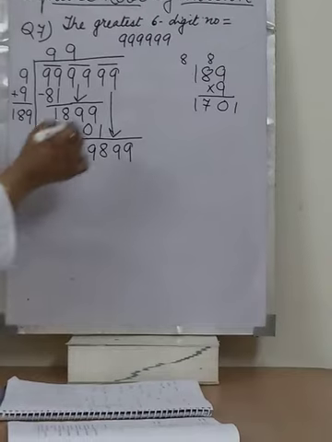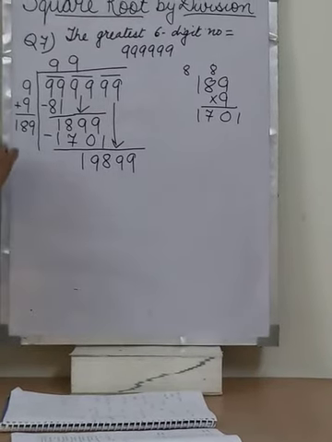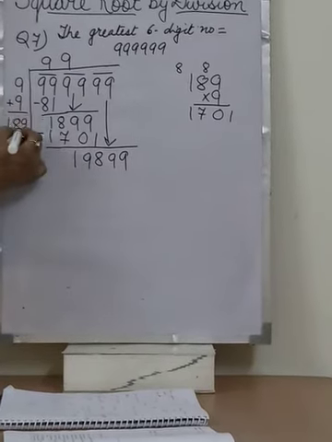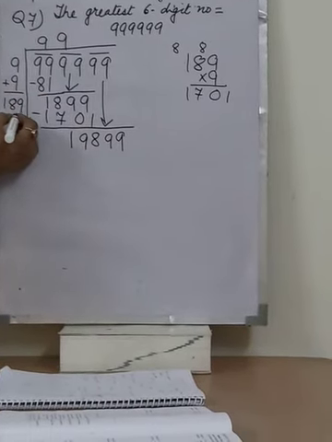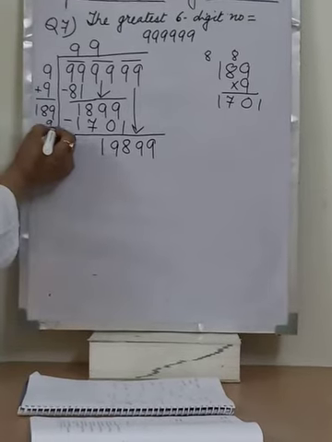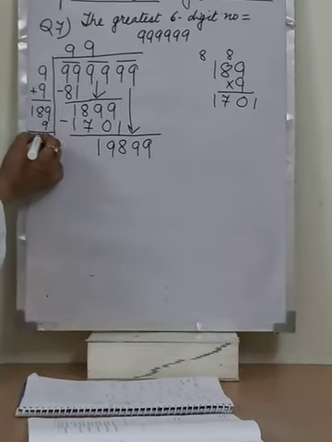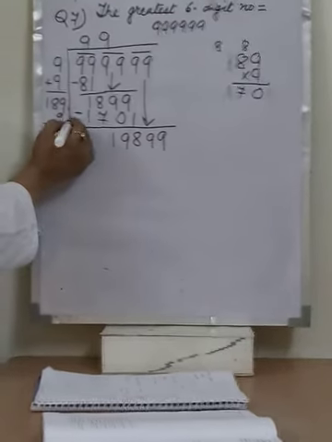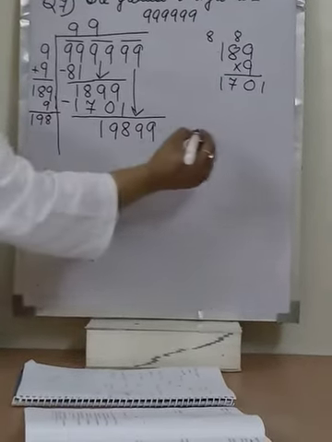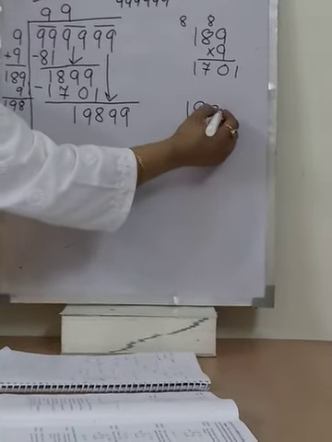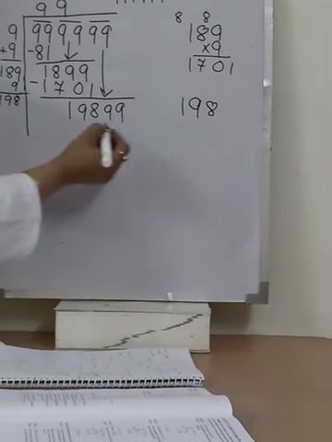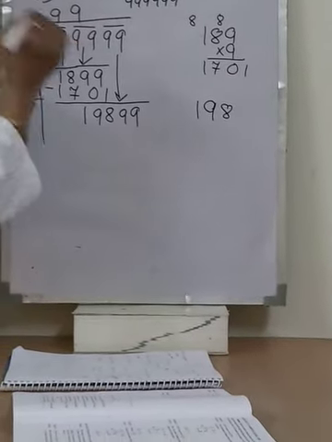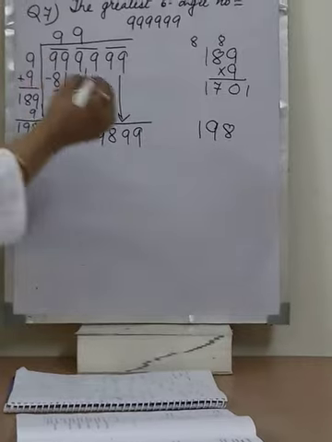The moment we got the new dividend, we look for the new divisor. So what are we going to add here? Previously we divided by 9, so I add 9. 18, 9 and 1. So what number did we get? 198. Now you have to put any number in front of 198 to reach closest to 19,899. What is that number?